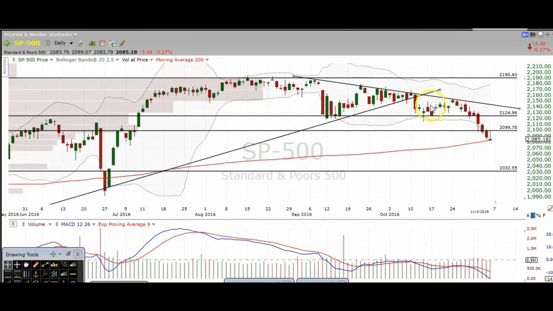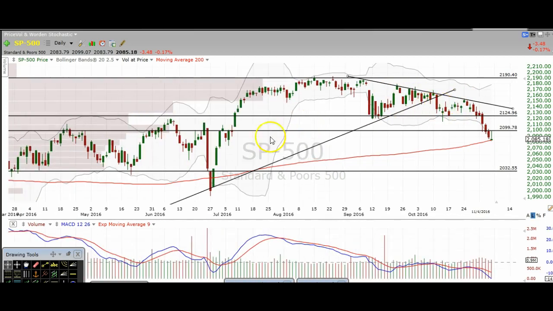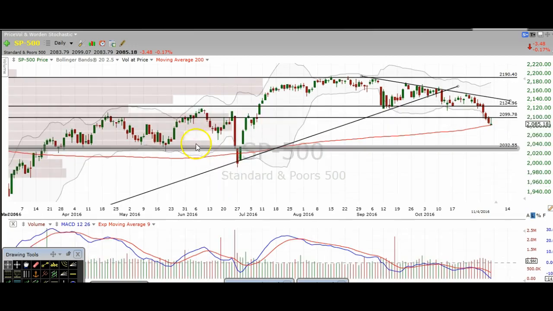This is a very big pattern here. We've got a lot of distribution up here, a lot of people selling, a lot of sideways action. Over here, just to give you an idea of what it looks like, these are the Brexit days, and you see how we bounced right off of there. We didn't really have any kind of pattern leading into this breakdown.